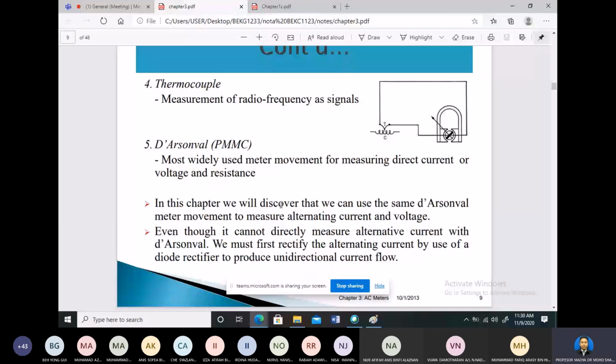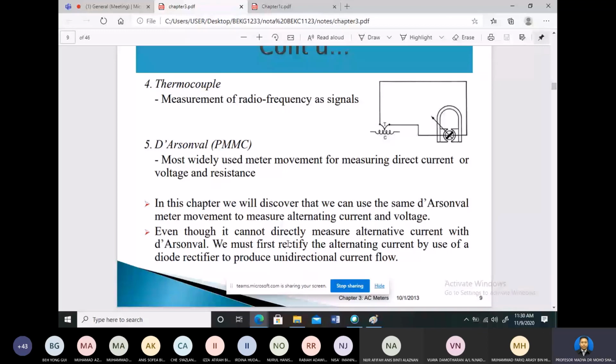But if you use the D'Arsonval, we cannot directly measure the alternating current. So we have to use a rectifier.